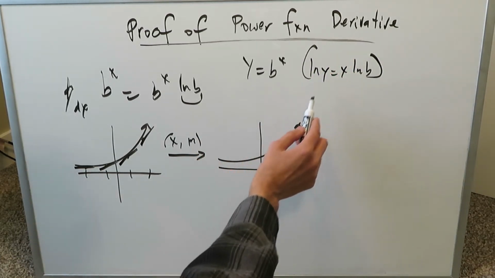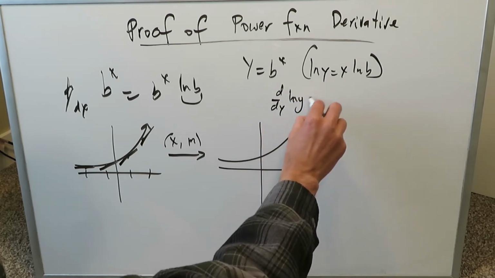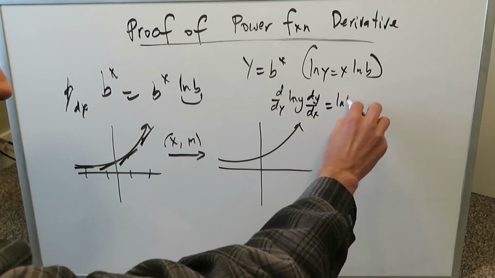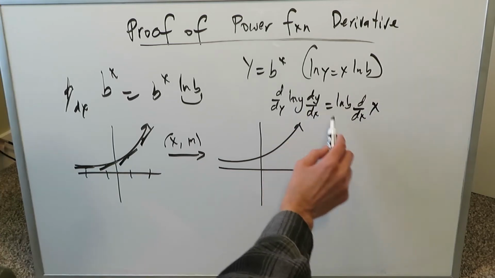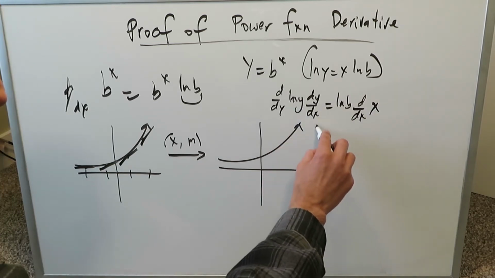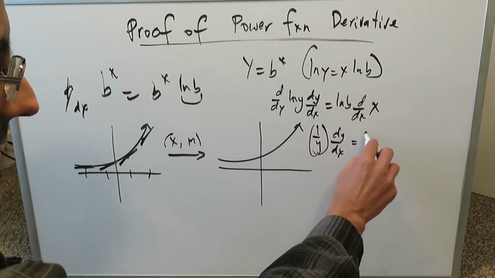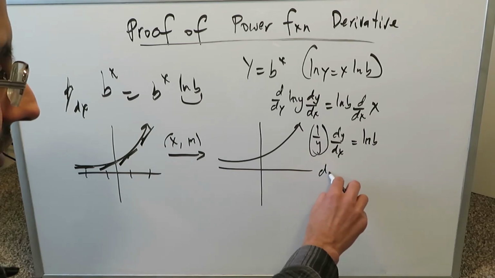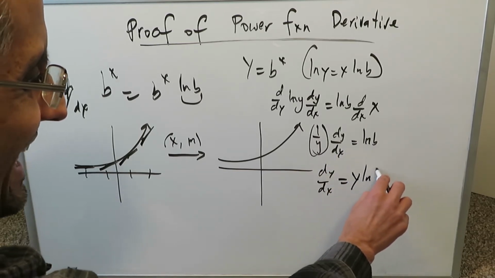If you were to implicitly derive this, you'll have d over dy of ln y times dy over dx, which is the factor you would solve for, is equal to ln b, a coefficient that has been pushed outside of your derivative. In terms of ln y, it becomes 1 over y, with respect to dy over dx, is equal to just ln b, because the derivative of x is just a 1. You would solve for dy over dx by pushing this y onto the other side. You'd get y ln b.